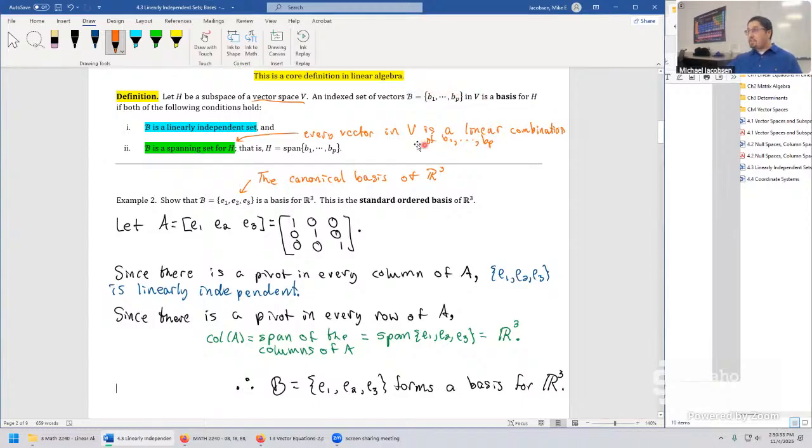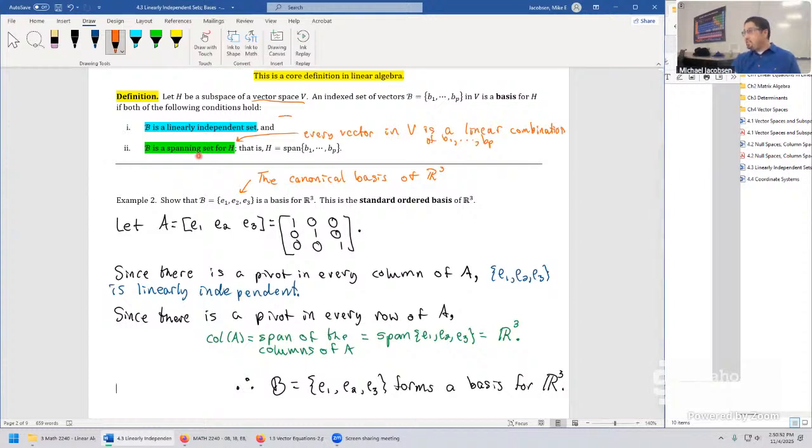So that means there's a way to write down every single vector in the larger space V, just a scalar times B1 plus a scalar times B2 plus all the way down to a scalar times BP, the linear combination. So that's what spanning does for us. We can write down every single vector some way, somehow.